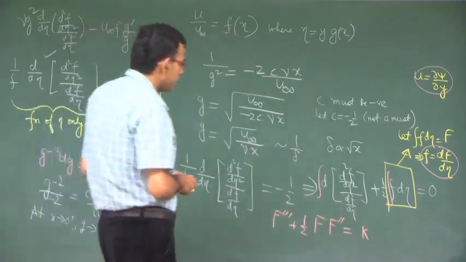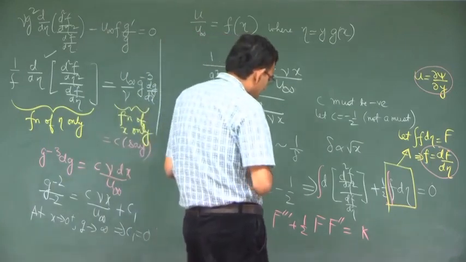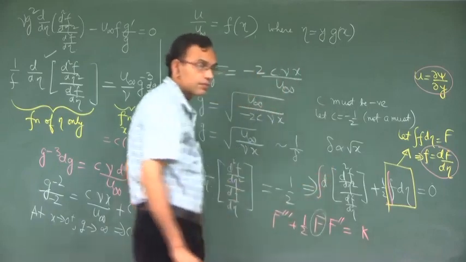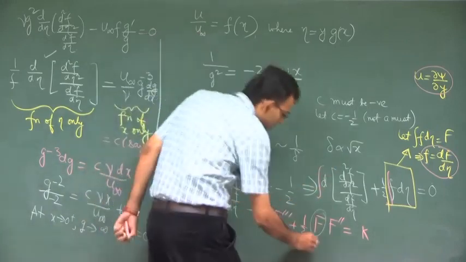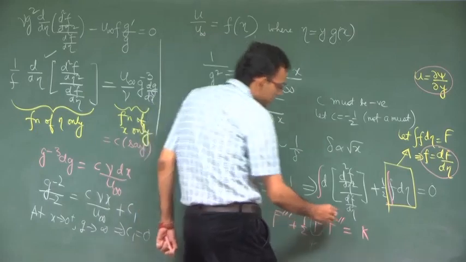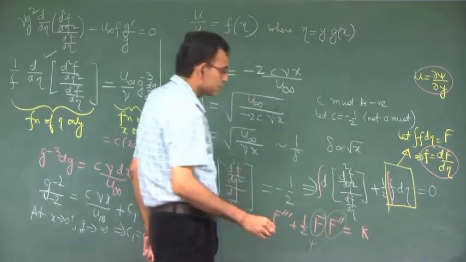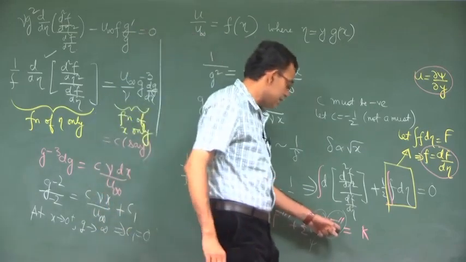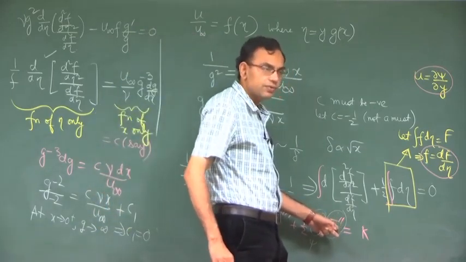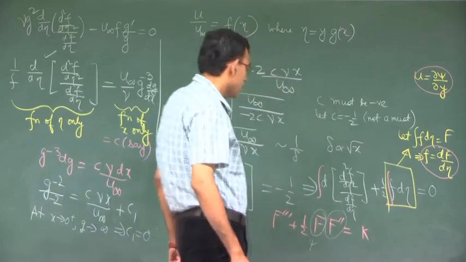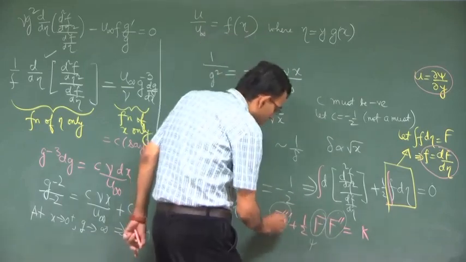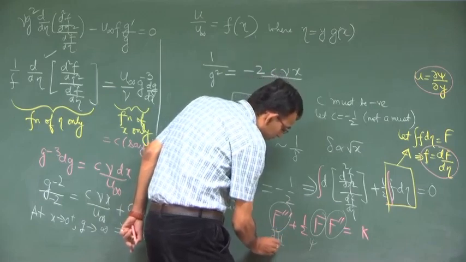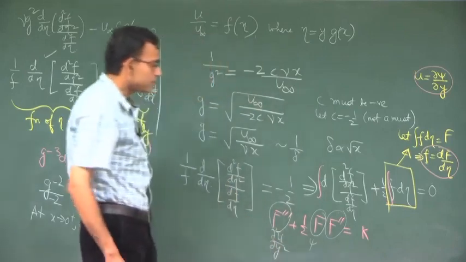So, to understand that value, you have to keep in mind that this is nothing but stream function physically. What is this? This is the first derivative of velocity, right, and this is the second derivative of velocity physically, right.